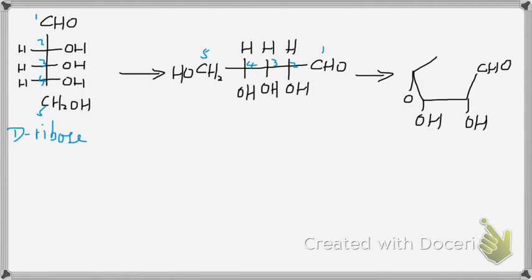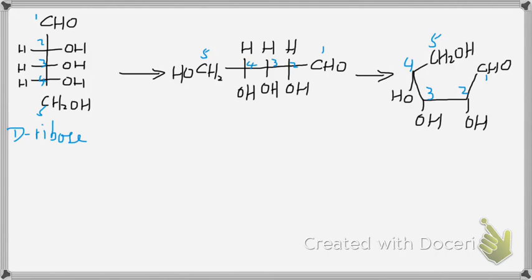So this is what I mean. In this process, you do not want to change any stereocenters. All the OH that are pointing down will still be pointing down. We just curl the molecule up.